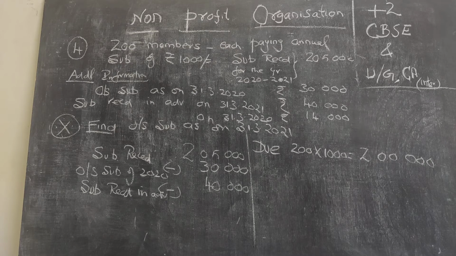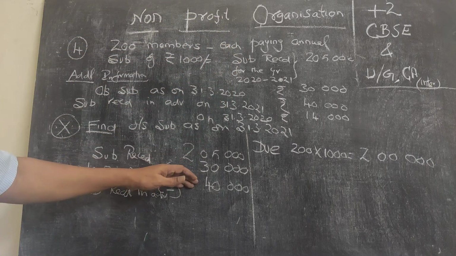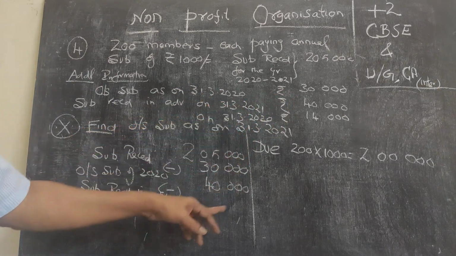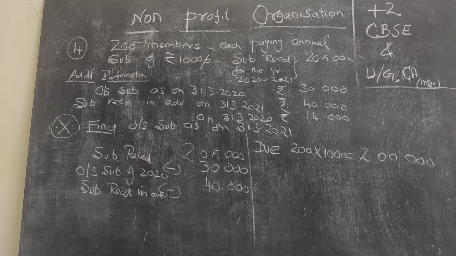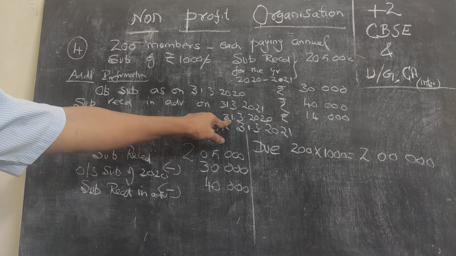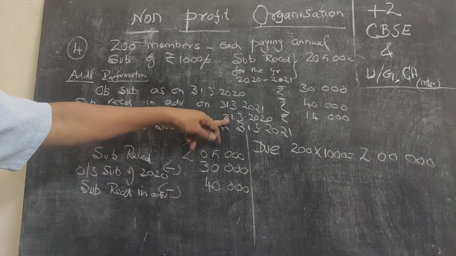The subscription of 2,05,000 we have shown as received would have included the 30,000, so I have removed it. And definitely this 40,000 of 31st March 2021, whatever amount we have received, is also included here. Now the remaining thing, subscription received in advance on 31st March 2020, that is including the last year's receipts and payments, so that will not be affected here.